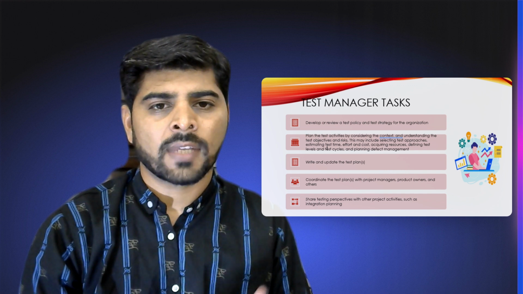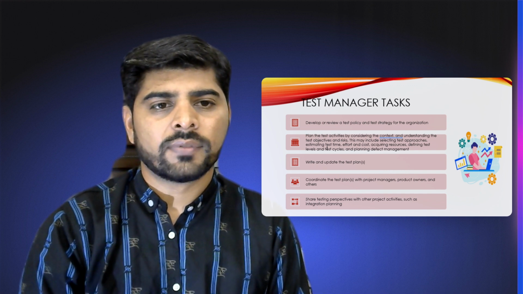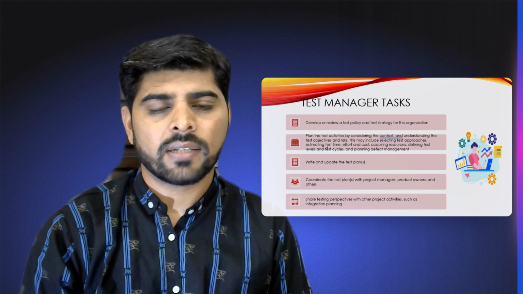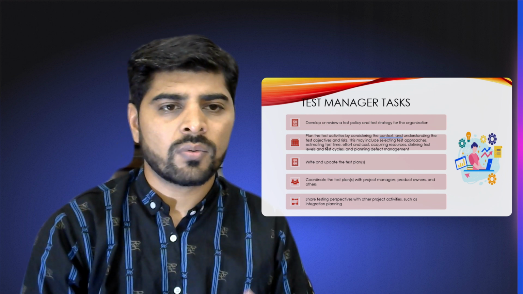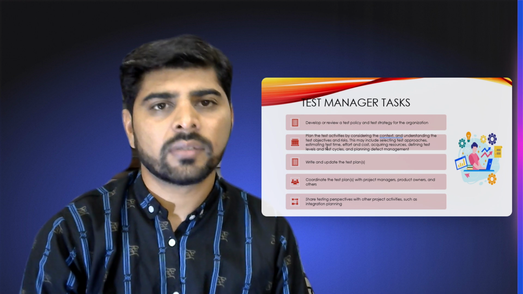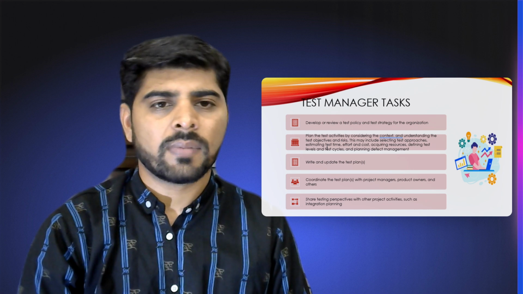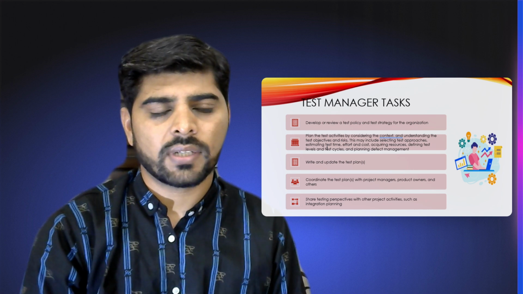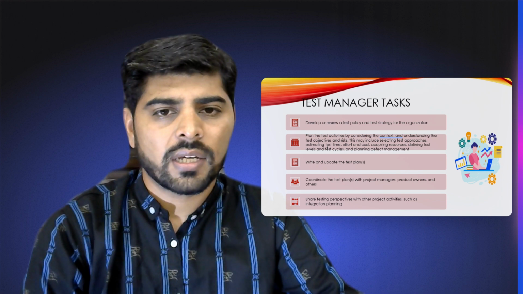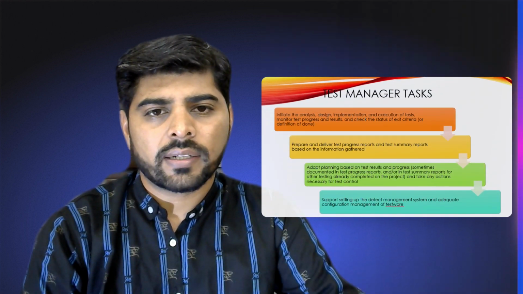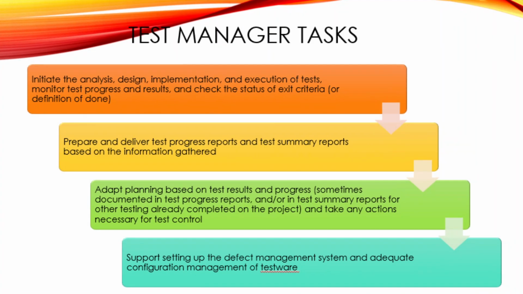For example, if there is no bug reporting tool, he or she will be responsible for budgeting, allocating the resources, and so on. These are all the activities a manager is involved in.